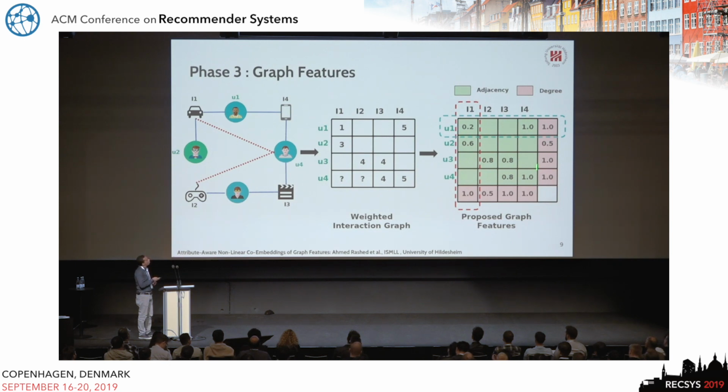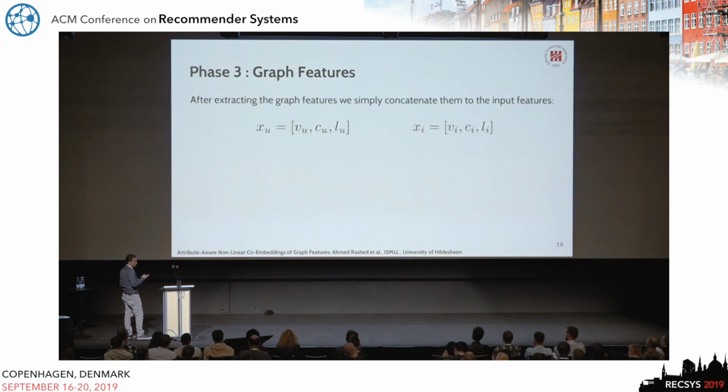We concatenate an extra column and an extra row with the normalized degree of nodes, for the users and items. At the end, you can use the columns as the item features or rows as the user features. Since it's sparse, you can do sparse multiplication in the first layer, so it will not hurt performance. You can simply concatenate these features with the rest of the features.